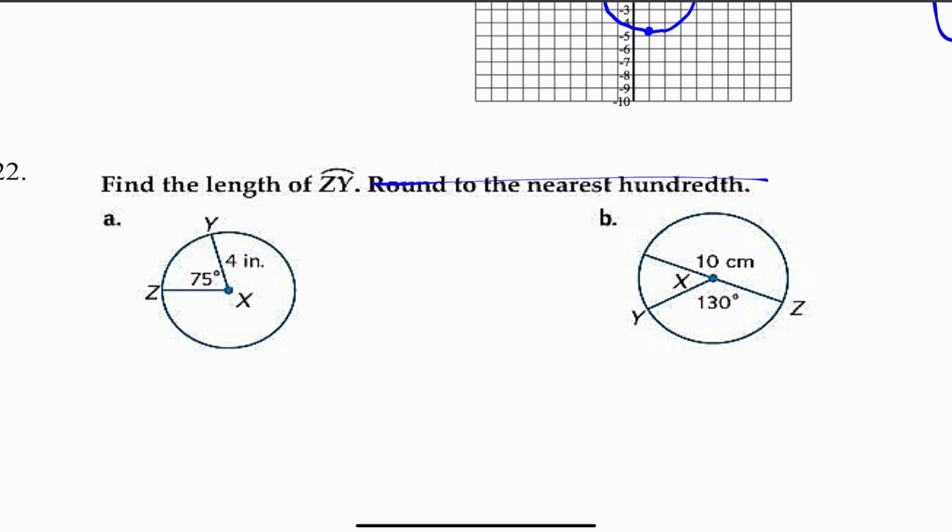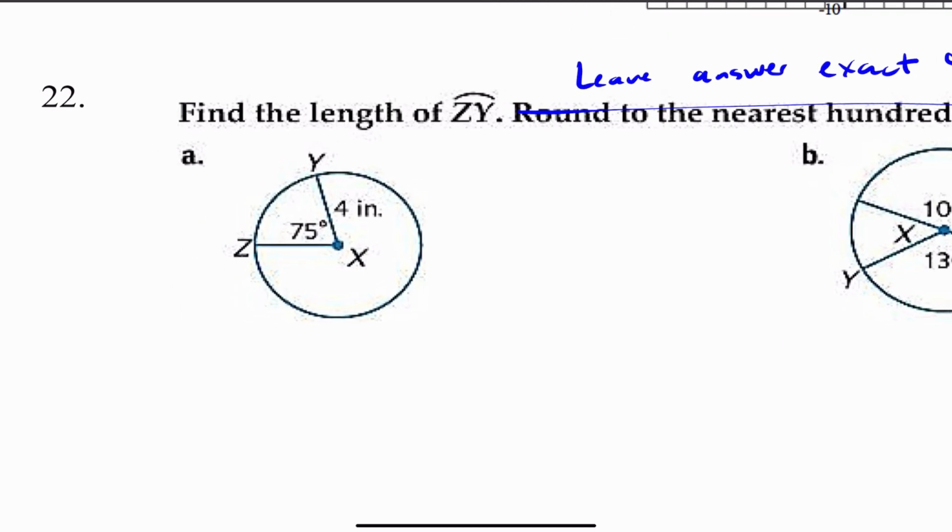I'm going to say leave your answer exact, and in terms of pi. Okay? Alright, so let's go ahead and take a look at 22a.